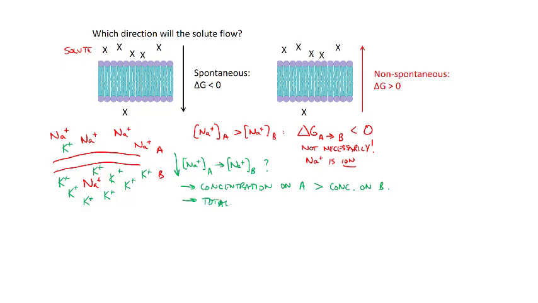But the total electrical charge on side B is more positive than on side A, right? So if you just look at concentrations, it might seem that sodium would want to go across the lipid bilayer in that direction, but it's going to be repelled by the excess positive charge.